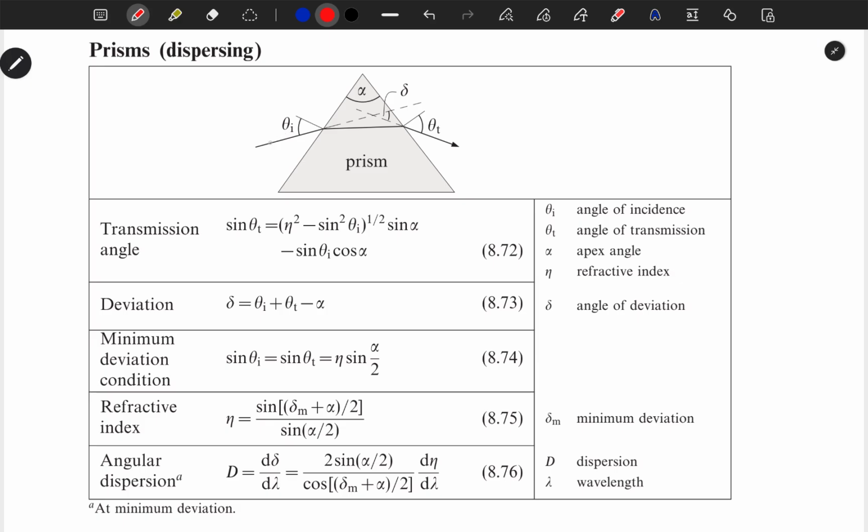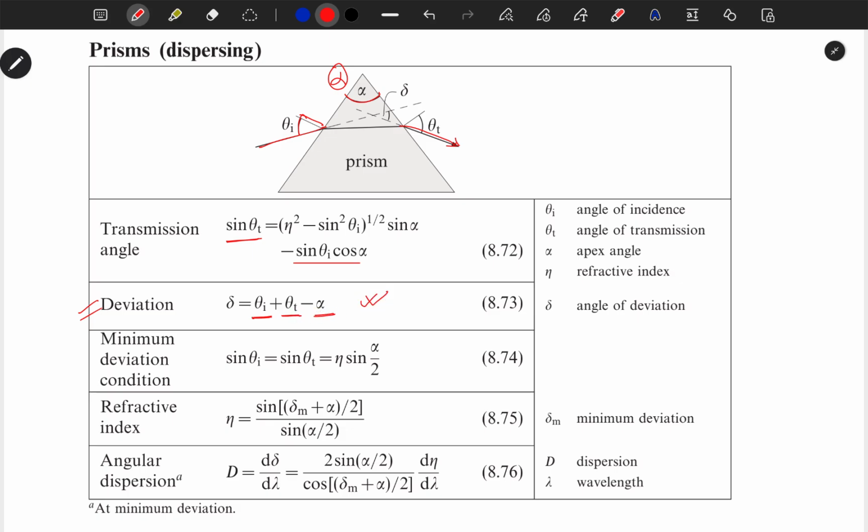If the incident angle is theta i on a prism and alpha is the angle of the vertex, then the transmitted angle will follow the following formula: sin theta t equal to (eta square minus sin square theta i) to the power half times sin alpha minus sin theta i cos alpha. Deviation delta equal to theta i plus theta t minus alpha.